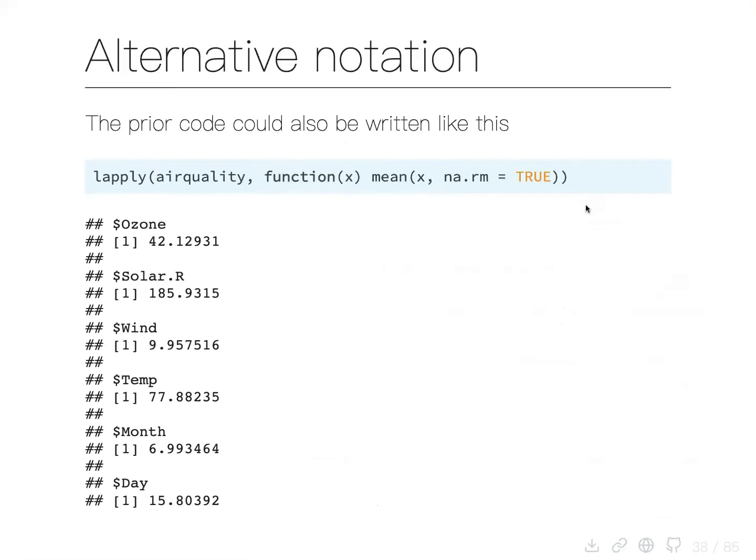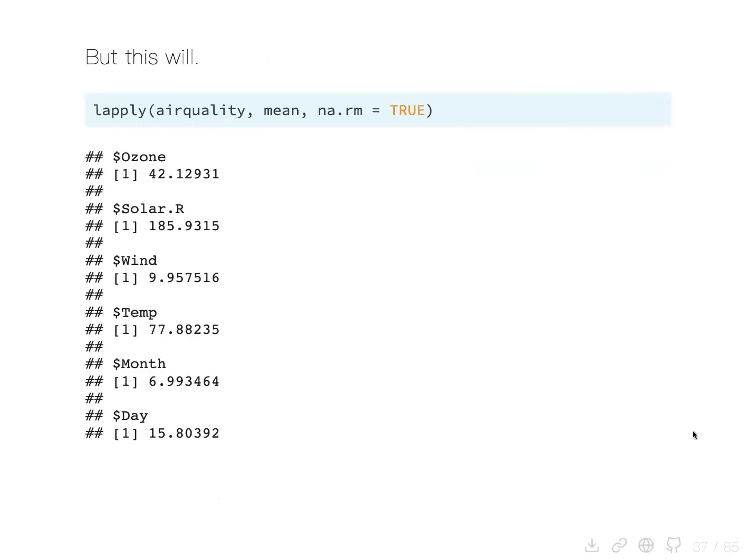We could just as easily write the function like this. This is clearer to a lot of people, and if that is the case for you, then great, write it like this. But I want you to at least know that you can just pass the arguments directly to lapply as well.